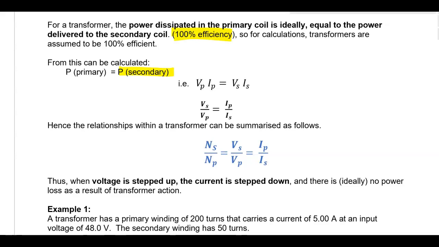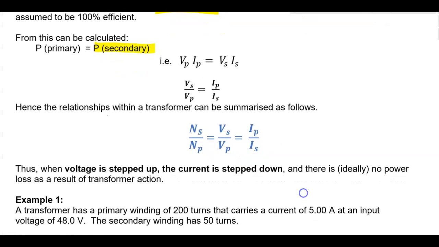So let's look at our next relationship, which kind of summarizes it, the relationship between voltage, current, and the number of turns, okay? If we say that the power across the primary coil is equal to the power across the secondary, so it's 100% efficient, right?